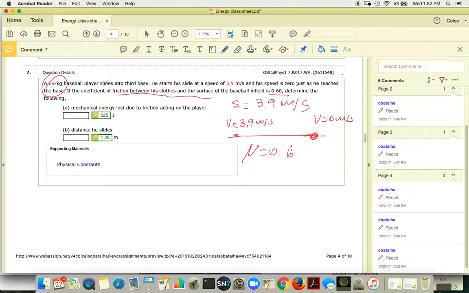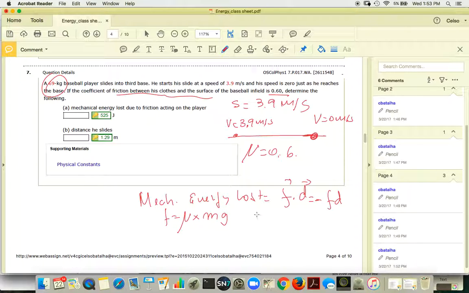So he got a hot butt doing this slide. So we want to calculate that. The mechanical energy lost is given by the friction force times the displacement, that is, negative F d. And the friction force is the coefficient times mg.